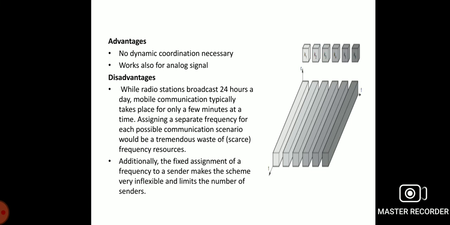Now, what are some features of the frequency division multiple access scheme? It requires proper filtering at the receiver side to avoid adjacent channel interference. Also, if a channel is not in use, it will be idle and will not be used by some other user.